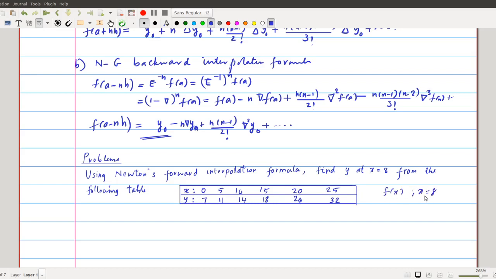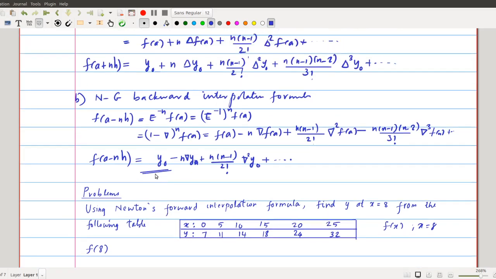So now we can say that x equal to 8 comes in the beginning intervals 0, 5, 5, 10, 10, 15. So using these subintervals we can say that this 8 comes from the second interval. So in order to evaluate this f of 8, we compare it to f of a plus nh or f of a minus nh.